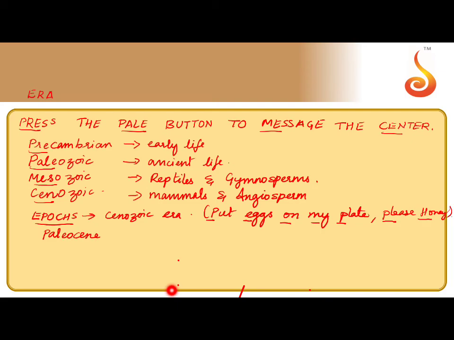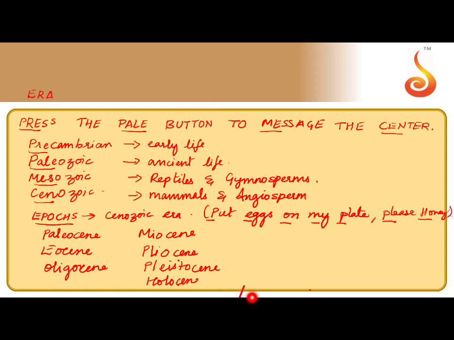Paleocene, Eocene, Oligocene, Miocene, Pliocene, then we have Pleistocene and Holocene.